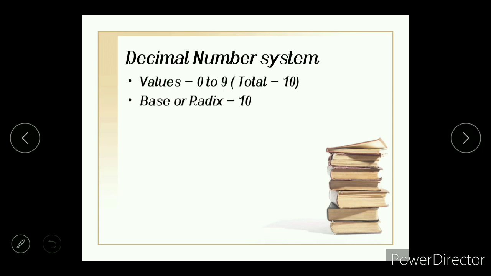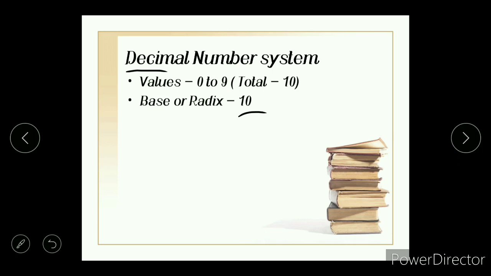Or in reverse we can say that deci means 10, and therefore the base of decimal number system is 10, and the values in decimal number system are always from 0 to 1 less than the base, that is from 0 to 10 minus 1, which is equal to 0 to 9. Therefore decimal number system has values starting from 0 to 9, which are total 10 in number, and hence the base of decimal number system is 10.